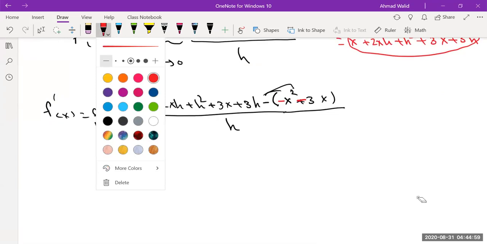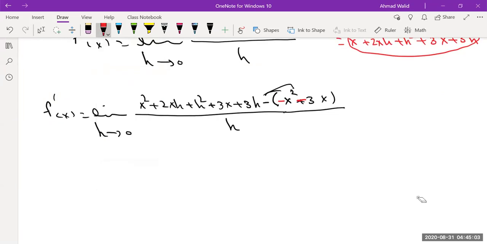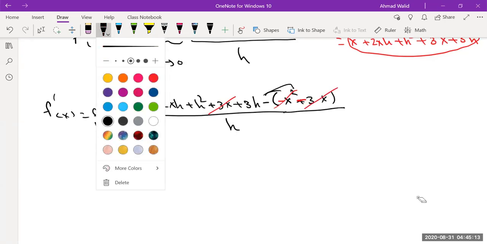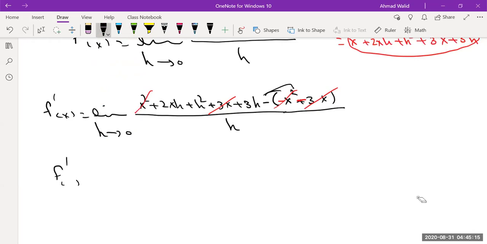Now let's combine like terms. Or even let me keep the red color. Now you see positive x squared, negative x squared cancels out. Positive 3x, negative 3x cancels out. Then you end up with f prime x equals limit as h approaching 0, excuse me, 2xh plus h squared plus 3h over h.